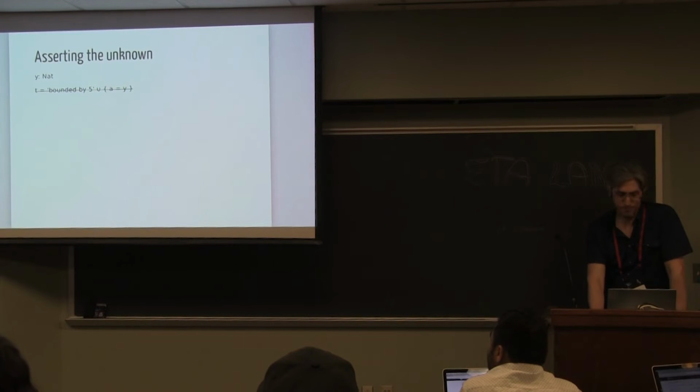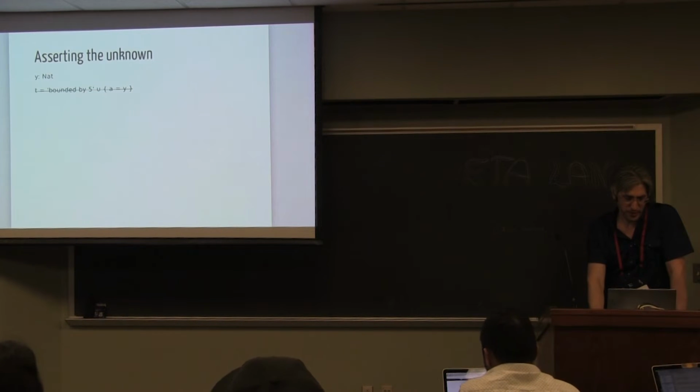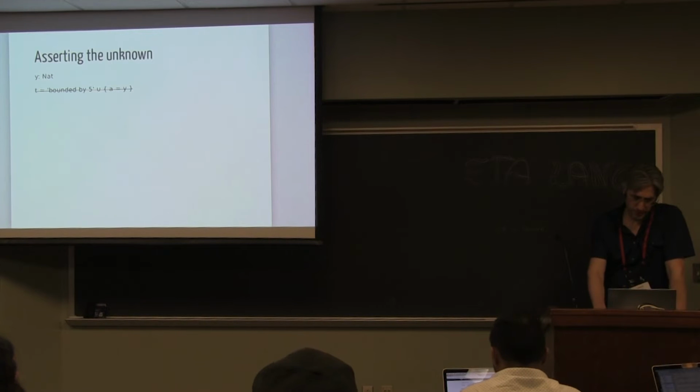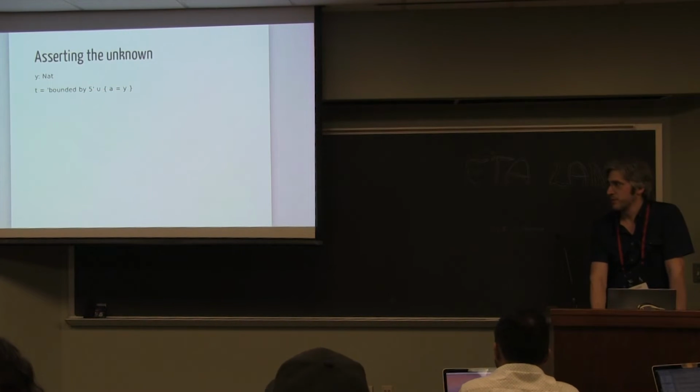It's unbounded. If we make the predicate smaller than something that blows up evaluation, the compiler needs to type check that there's no proof that y is smaller than 5. So this is a compilation error.